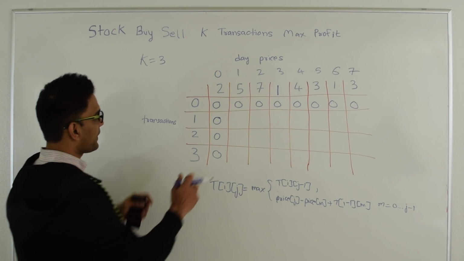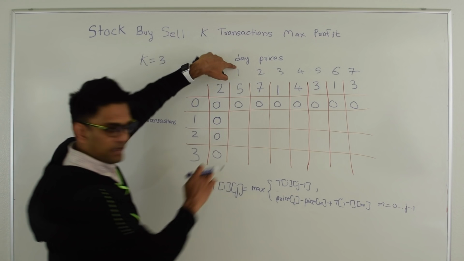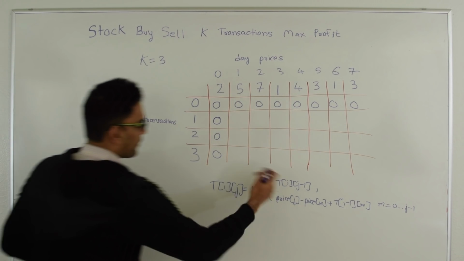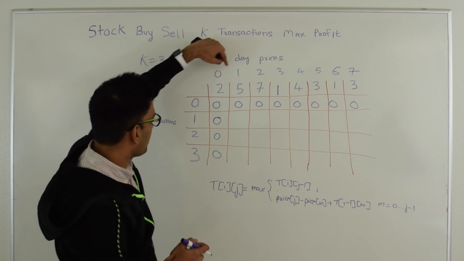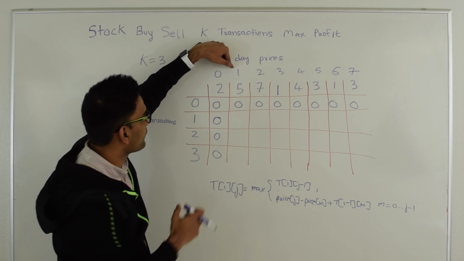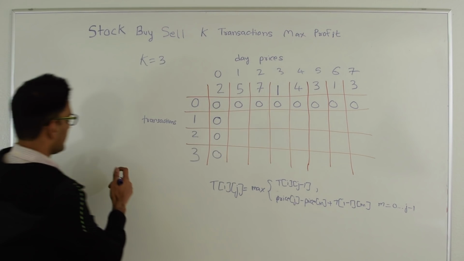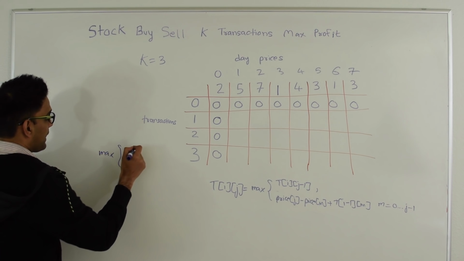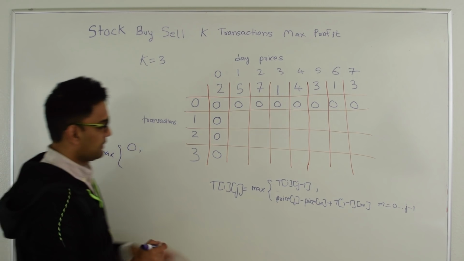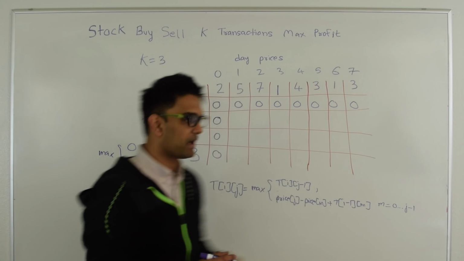So next, let's try to find out the value at this cell here. So one transaction and day 1. So using this formula here, first is what is the best you can do by not transacting at all on day 1. So that is this value, 0. So maximum of either 0 or trying all the m's, all the days going from 0 till j minus 1.